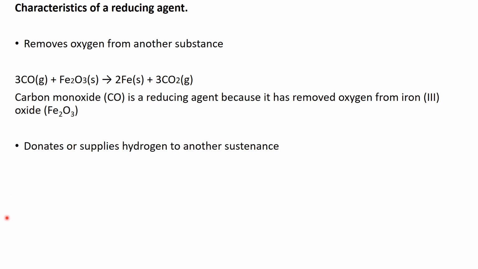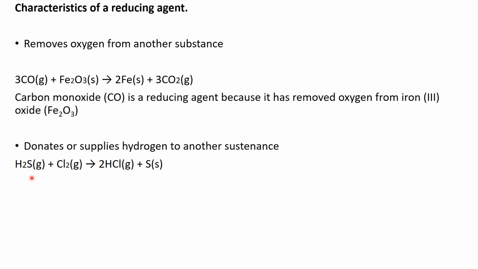Another definition is that it donates or supplies hydrogen to another substance. We look at the same reaction we looked at, where hydrogen sulfide reacts with chlorine. We can see that the hydrogen sulfide gives hydrogen to chlorine. When we were looking at chlorine as the oxidizing agent, we said chlorine is removing the hydrogen from hydrogen sulfide.